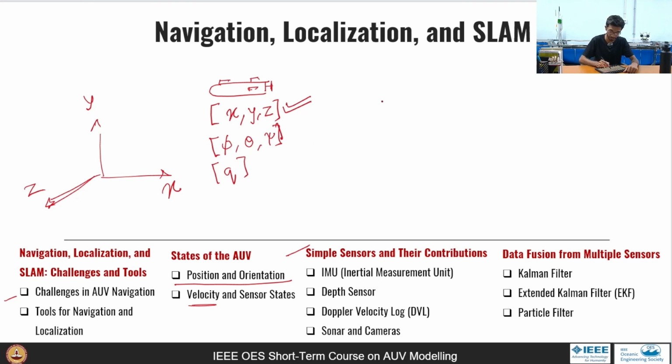An IMU sensor will allow the AUV to get its orientation as well as linear accelerations, along with that the angular rates.